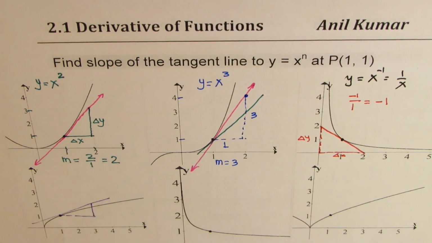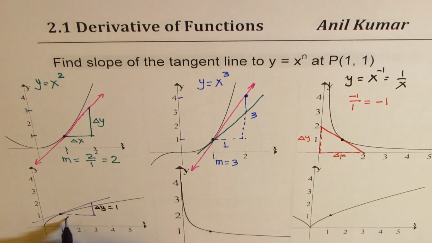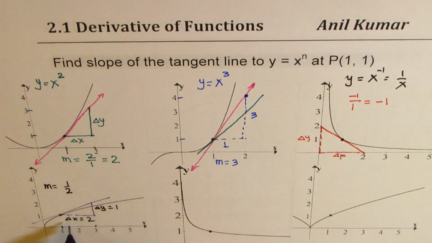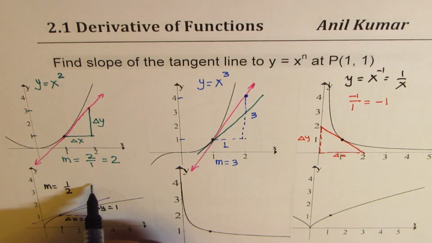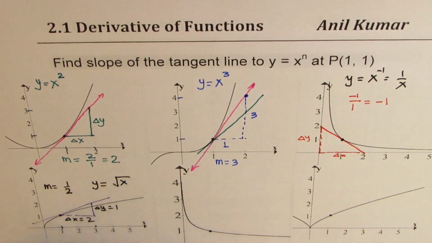In this triangle, I notice that the change in y is 1 and the change in x is 2, from 1 to 3. Therefore, in this case, the slope is 1 over 2. Since it is rising, it is positive. And the graph here is y equals square root of x. Do you see that? x to the power of half.